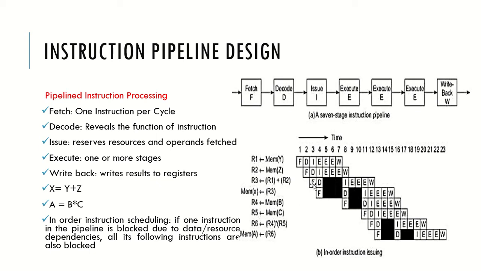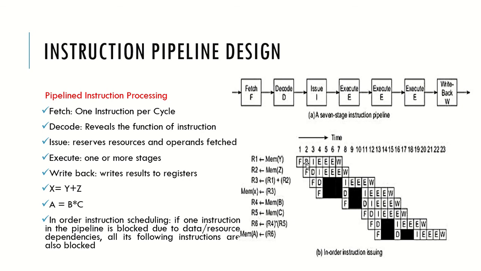Now, what are these black rectangles that you actually see in the sequence of a pipeline execution? They are called stalls or pipeline waits. Okay, so you can see in the first case, where in the first cycle you start with fetching the first instruction.